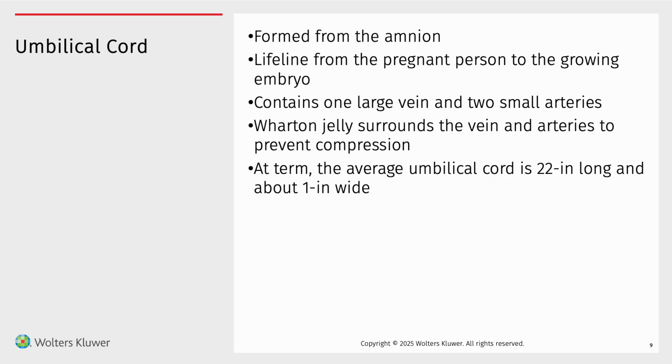And this may be associated with some type of congenital abnormality. So look at the umbilical cord. If you only see 2 vessels, then maybe there's something congenital going on.